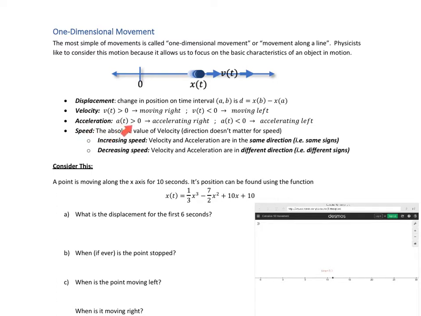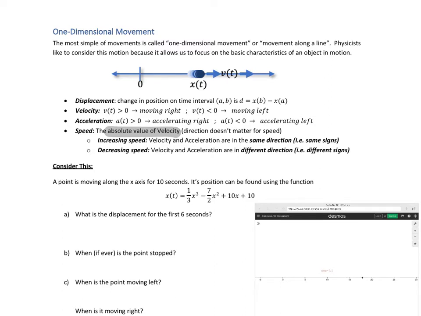Acceleration: if acceleration is positive, that means it's accelerating towards the right. If acceleration is negative, it's accelerating towards the left. We'll see how that works in a moment. And something to note about speed: speed is the absolute value of velocity, so direction doesn't matter.